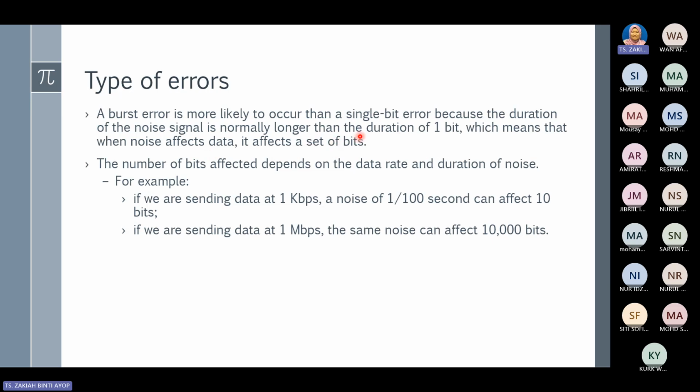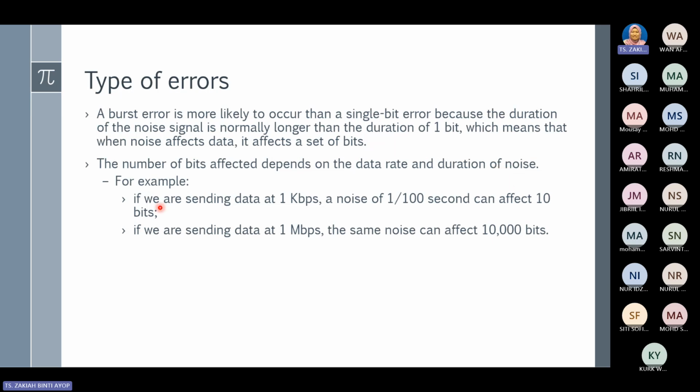It will naturally occur because the transmission is so fast. It is transmitting several bits, right? So when the noise affects those bits, it usually affects several of them. The number of bits affected depends on the data rate and the duration of the noise.